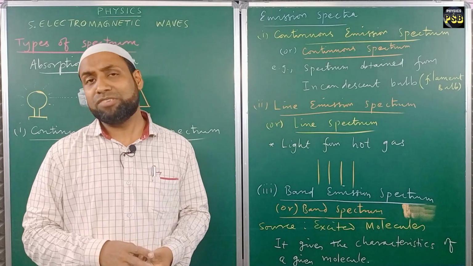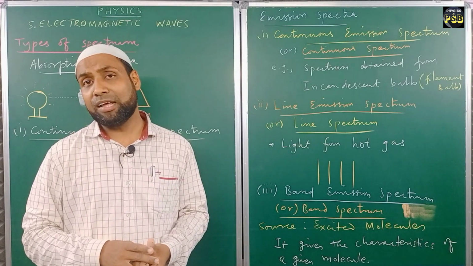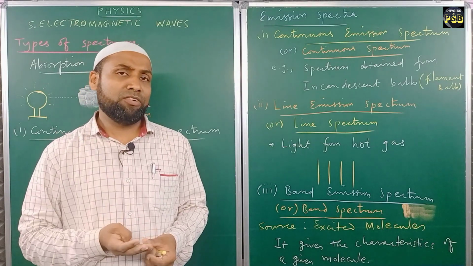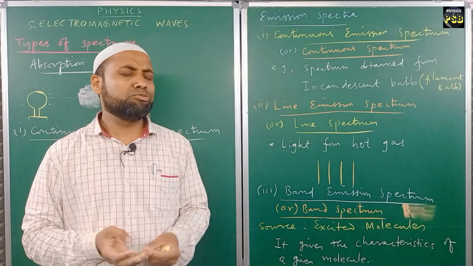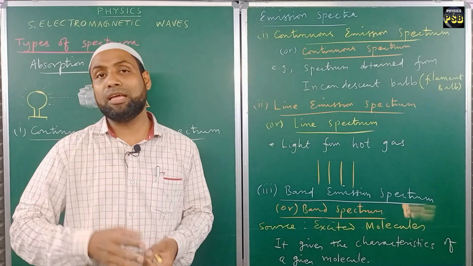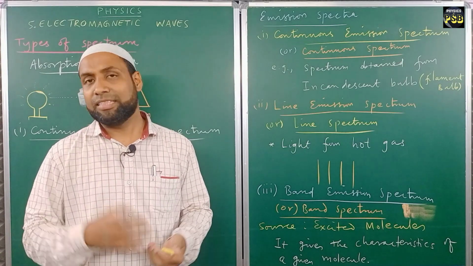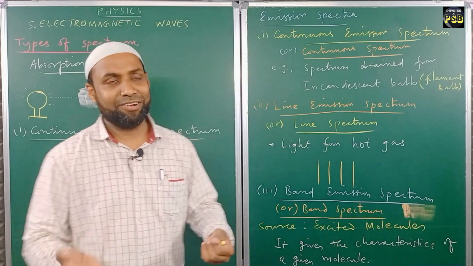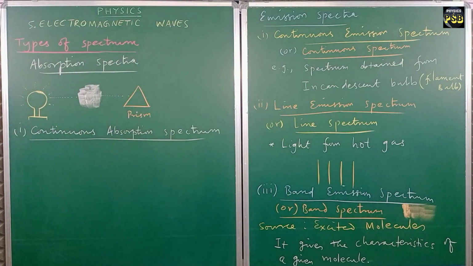But if you ask a physicist, then he may say that the leaf absorbs all colors which fall on it and emits only green light. That's why it appears green. Got it? So this is all about the continuous absorption spectrum.